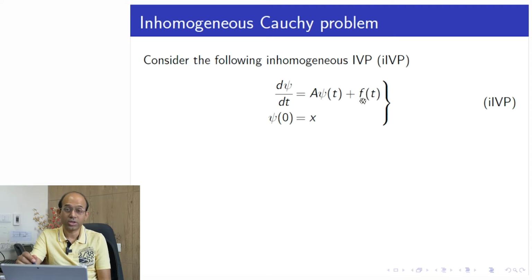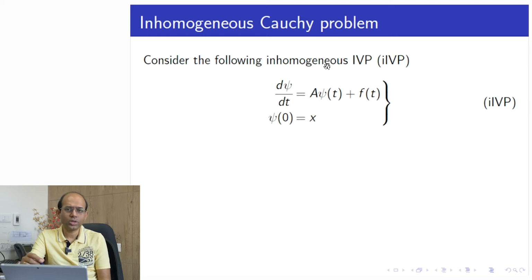It does not depend on the solution psi. So d psi/dt is equal to A psi(t) plus f(t), and the solution psi at 0 is equal to small x. The initial point is small x, a member of the Banach space.